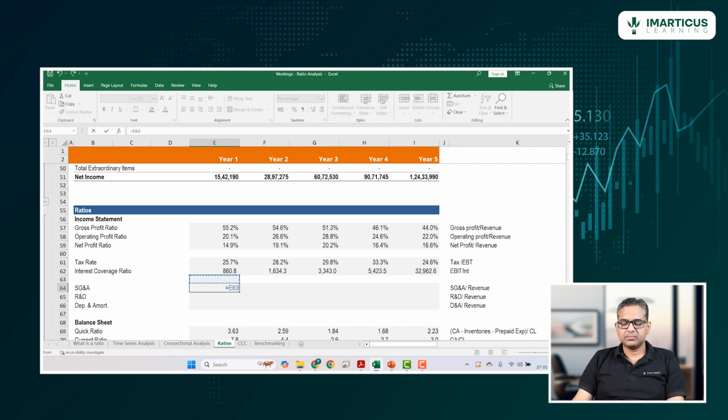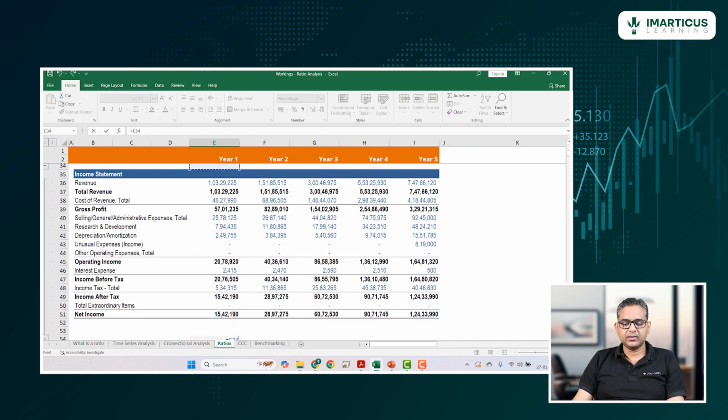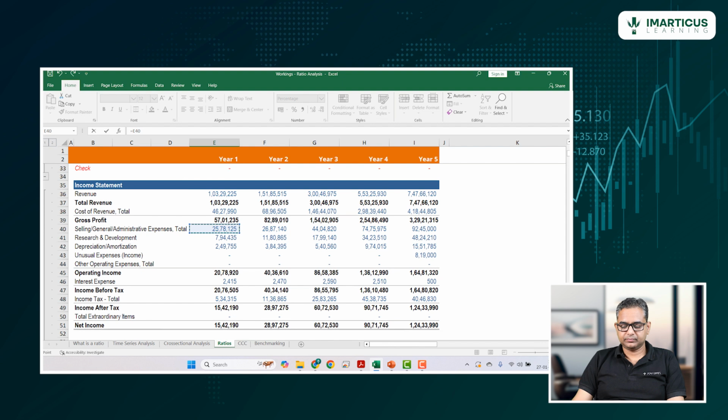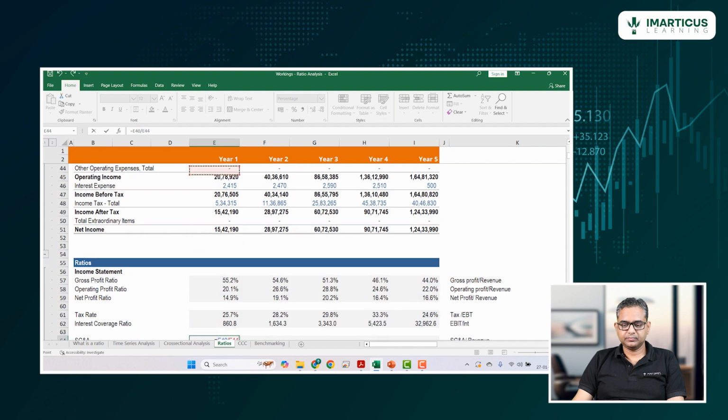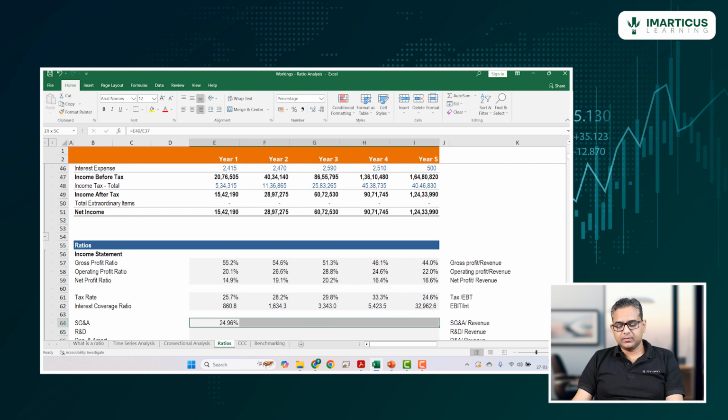SG&A as percentage of revenue we can calculate. So we can say 25%, 17%, 14%, 13, 12.